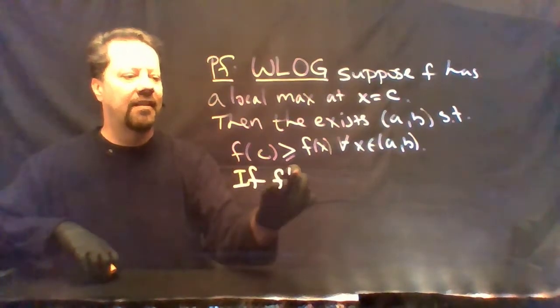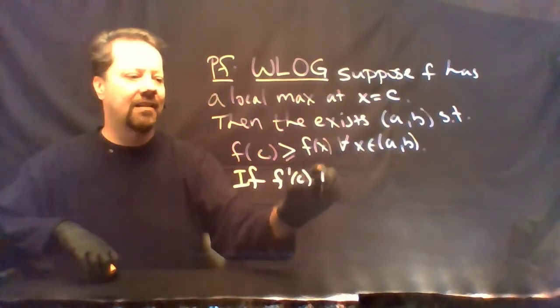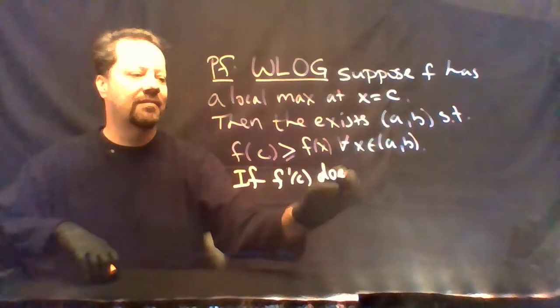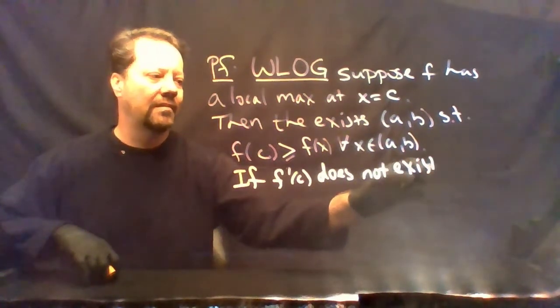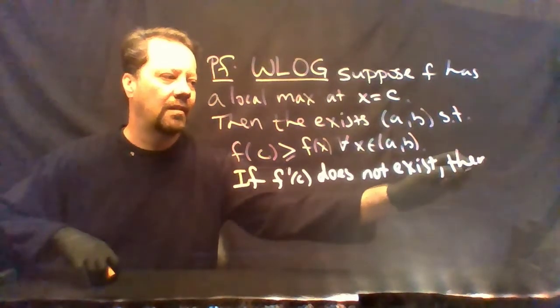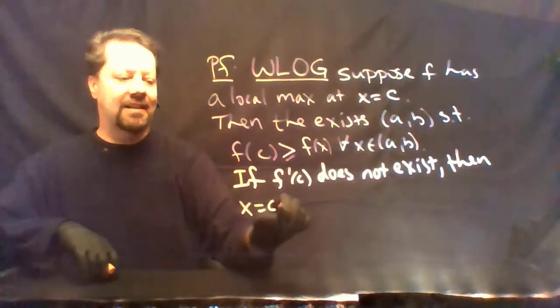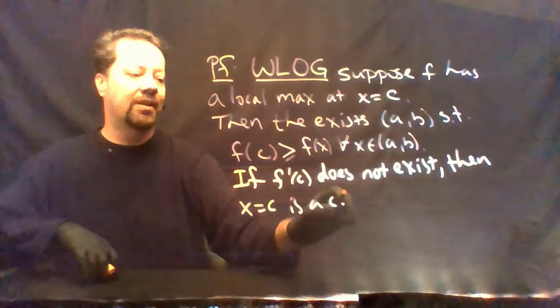If f prime of c does not exist, then x equals c is a critical point.